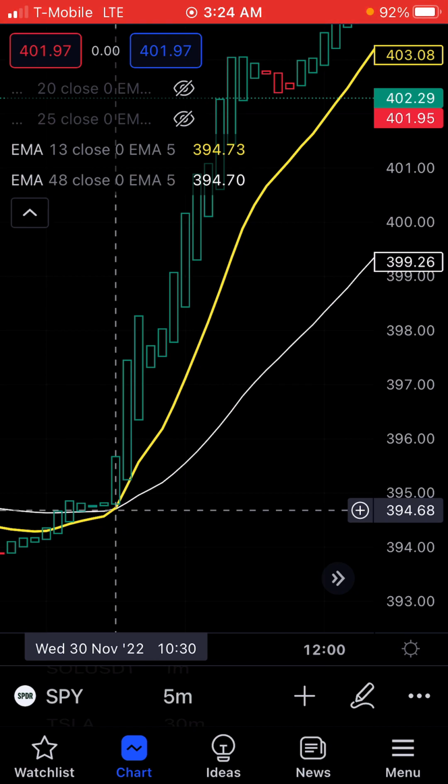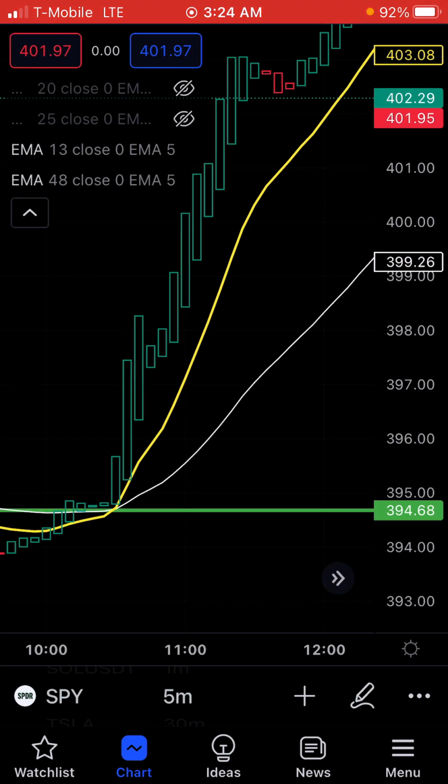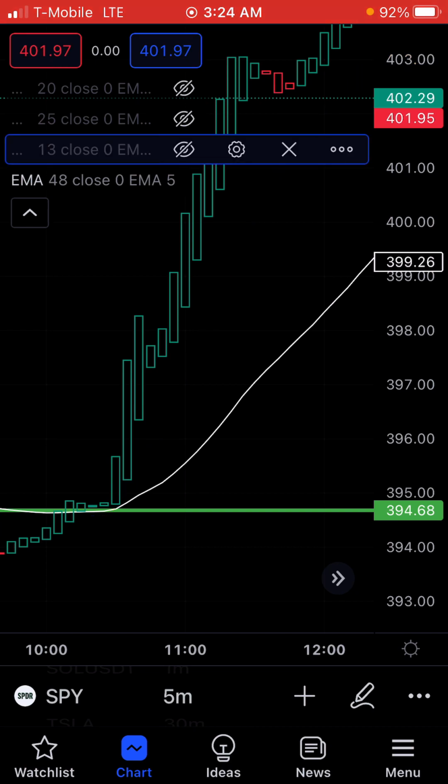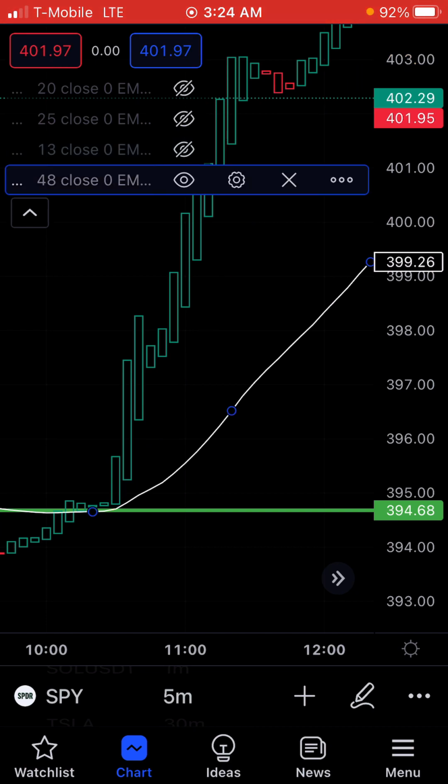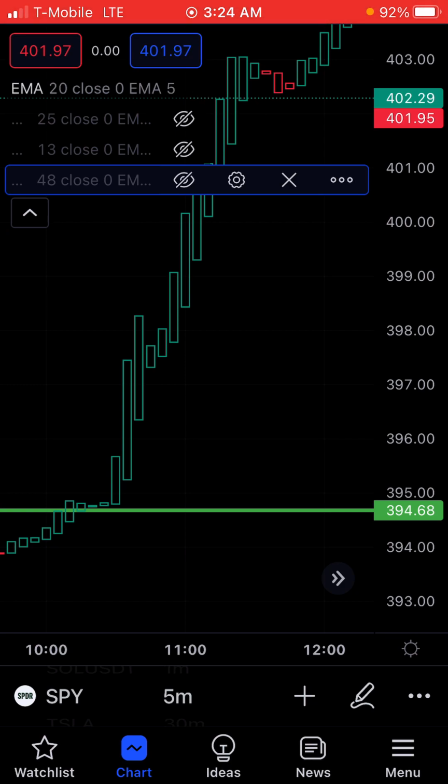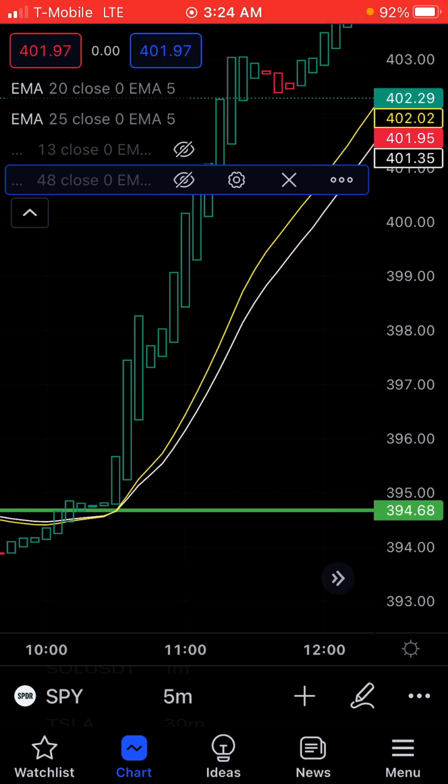When you find a cross, you basically just draw a horizontal line, and then you hide the 1348 because you don't need it anymore. Make sure you don't lose your spot either. The next thing you gotta do is load up your 20 and your 25, and right here at the cross, it was 394.